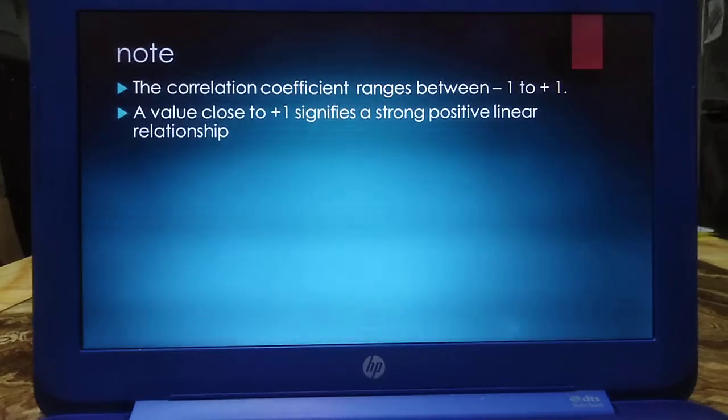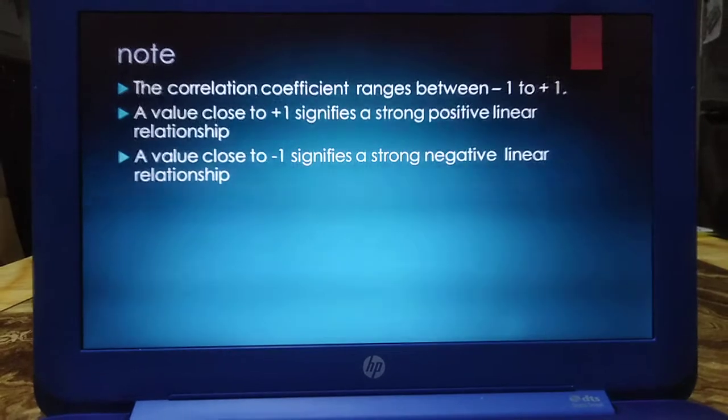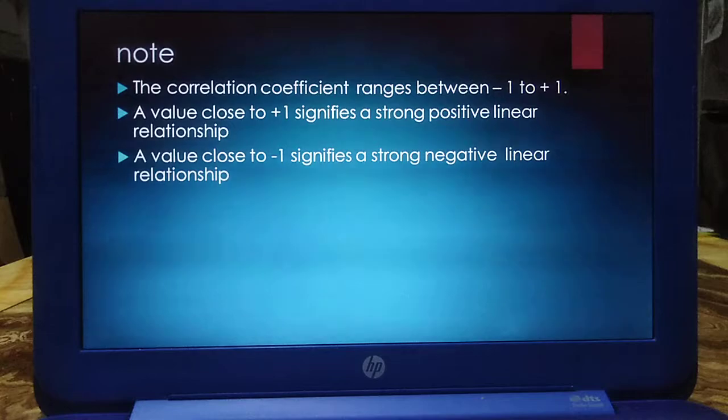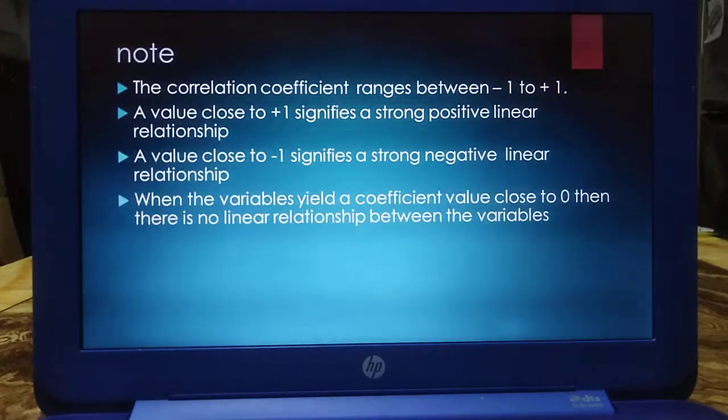A value close to +1 signifies a strong positive linear relationship, and a value close to -1 signifies a strong negative linear relationship. When the variables yield a coefficient value close to 0, then there is no linear relationship between the variables.